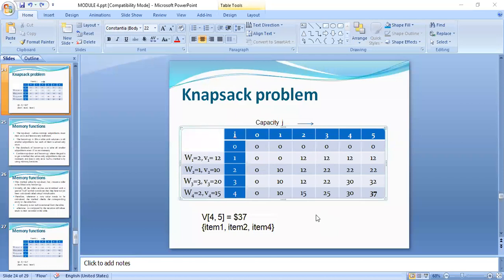So now this is one part where we are filling the table. Here an example is taken where we need to find out the values for each and every one. You first find out the value of j minus wi.